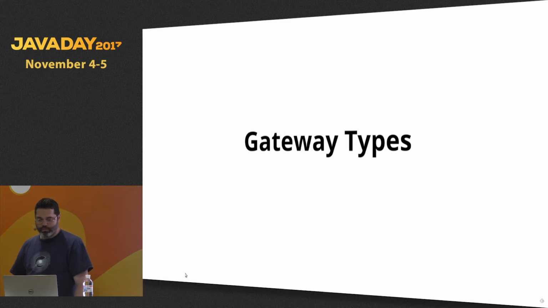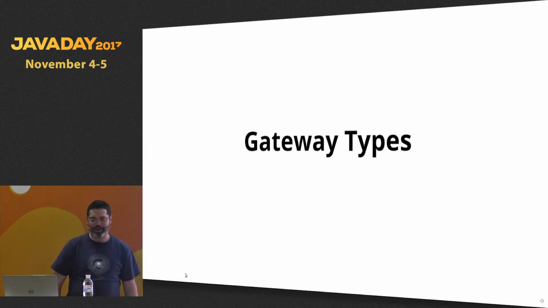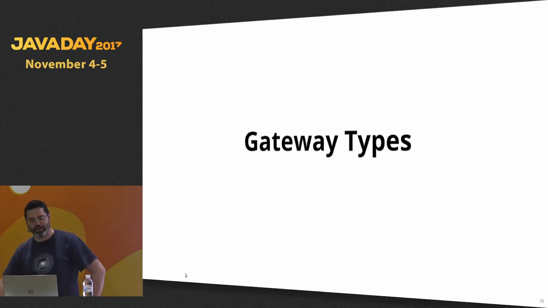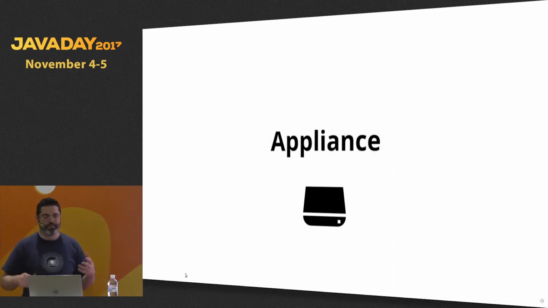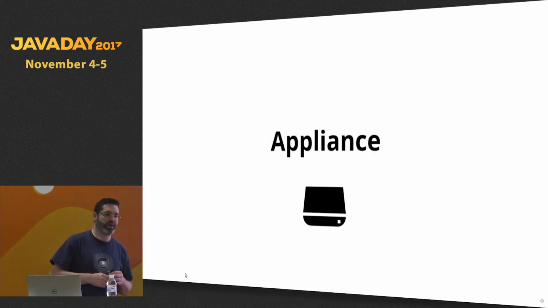There are lots of different things that can be called an API gateway. We'll talk a little bit about each one, but we're going to talk about a specific category that we'll get to. There are appliances that could be considered an API gateway, right? Hardware or virtual.